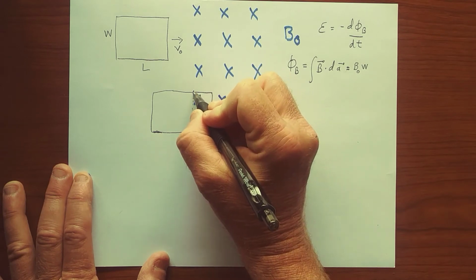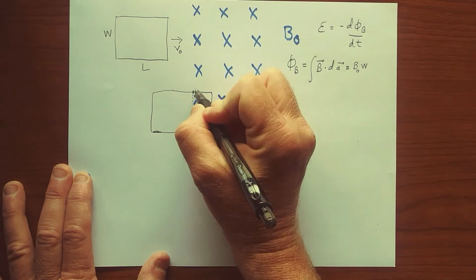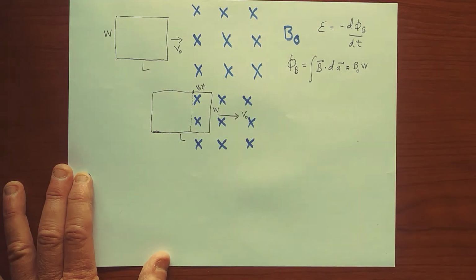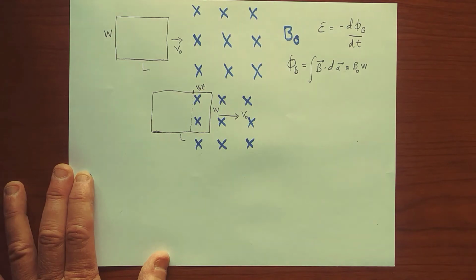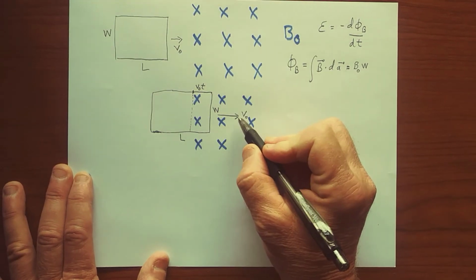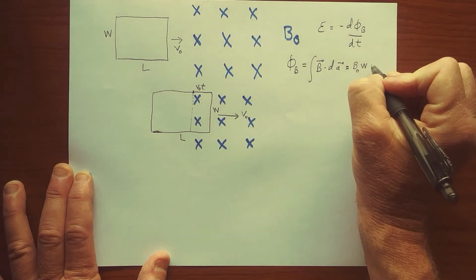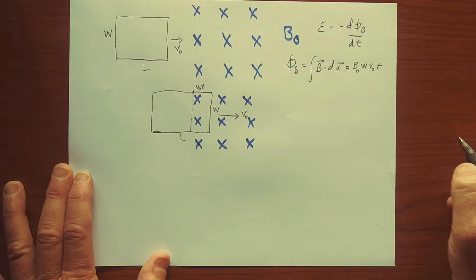Well, at t equals 0, we start to enter the field, and we enter at a rate that depends on the speed, so this could be a distance given by V naught times t. It increases linearly because we're moving the loop at a constant speed V naught, so that side is V naught t, and that's the flux.